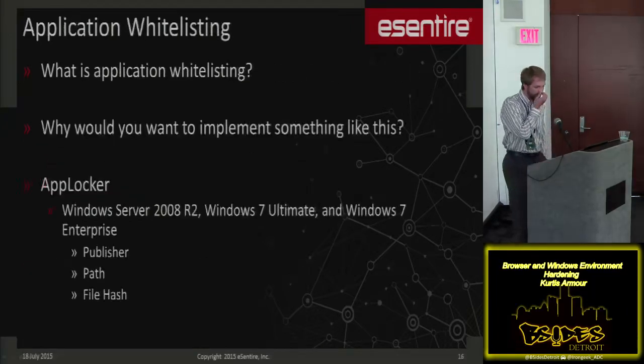Application whitelisting. So what is application whitelisting? Essentially, it's restricting what programs may run on a computer versus trusting everything. You have a list of applications that have been approved to run. And why would you want to implement something like this? With the current state of exploit kits, someone gets compromised, and at that point the attacker needs to get some sort of persistence on the box.